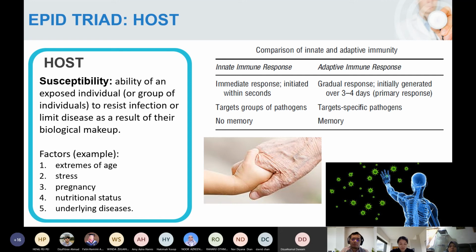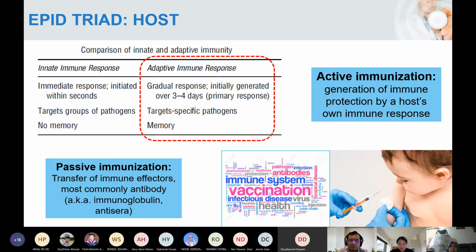Okay, innate ni contohnya macam our skin pun is immunity kan, luka ada immunity, T cells semua bergerak, okay, functioning. There's no memory, tunggu luka lain balik, right? As compared to an adaptive immune response, okay, it has memories, it's a gradual response, and this is the basis for our vaccination.